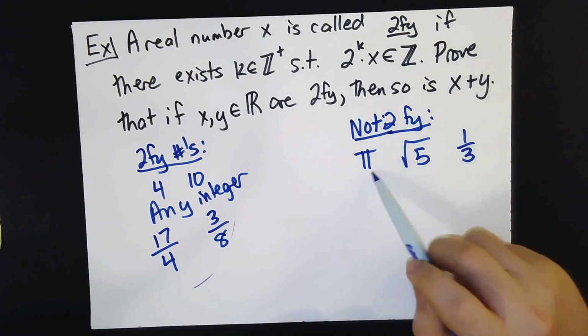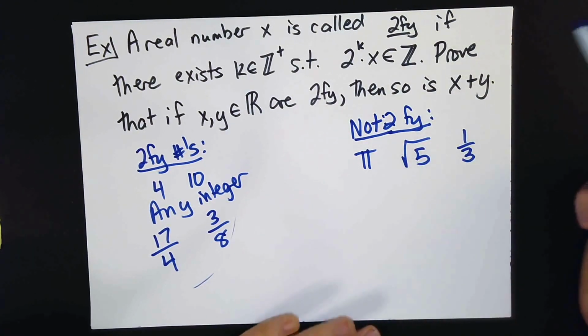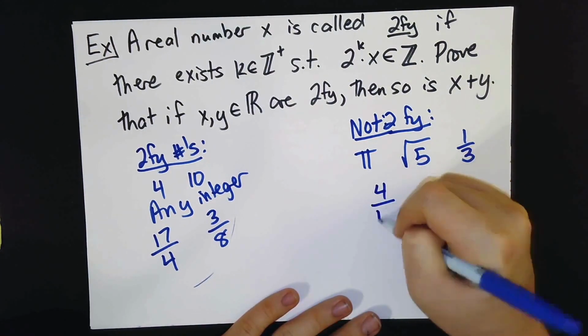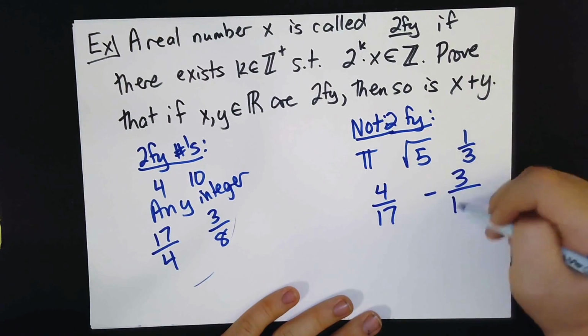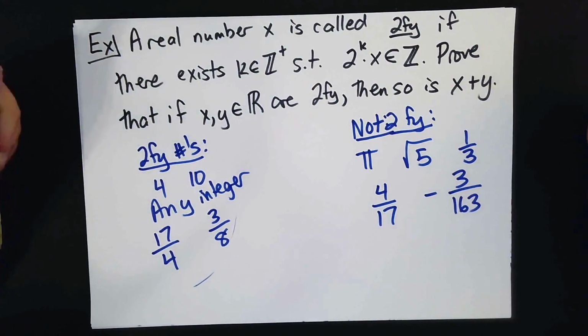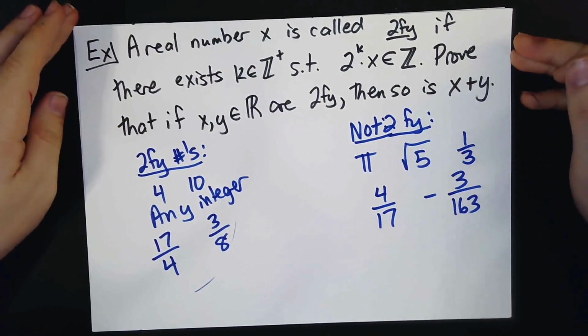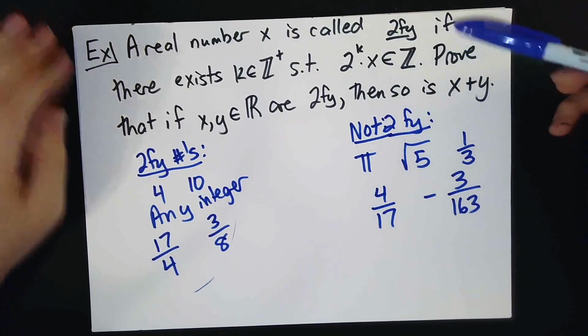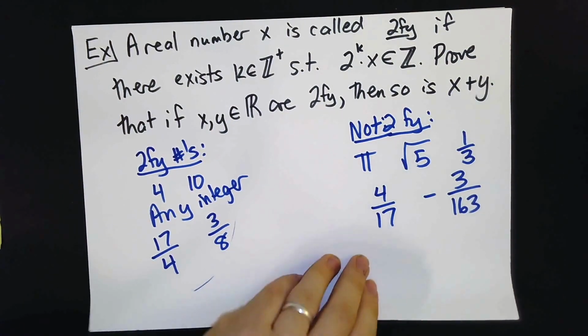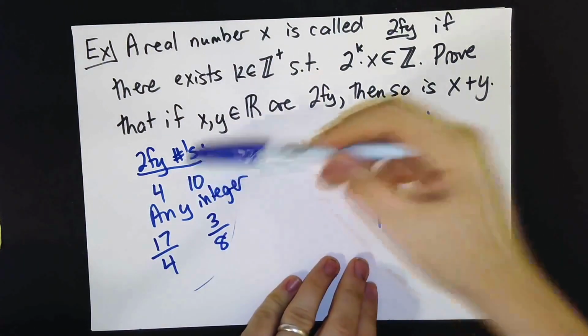But any irrational number like pi, or any fraction with an odd number in the denominator, those will all fail this definition. We haven't proved anything, but we've given ourselves at least a little intuition with which to work to try and make sense of this statement, just to get some sense of what things meet the definition and what things don't.